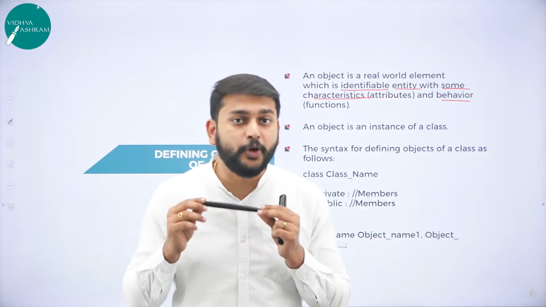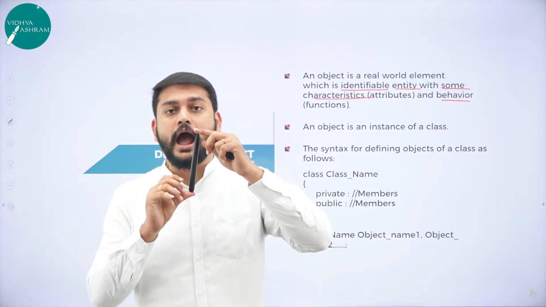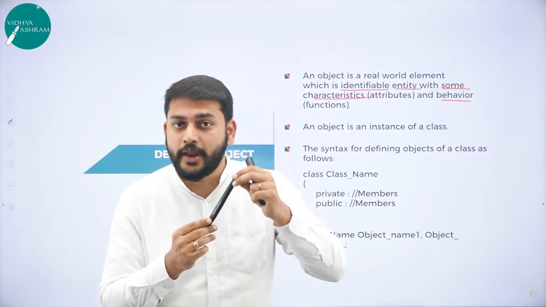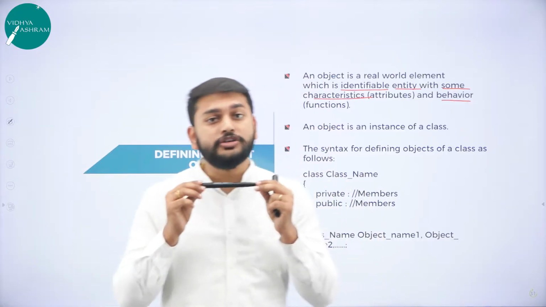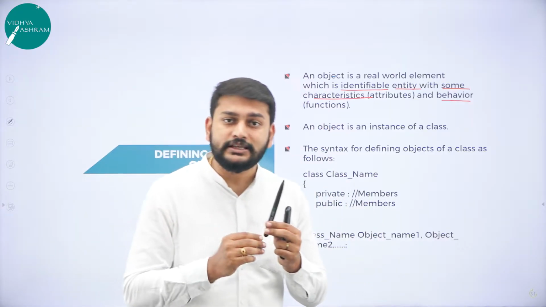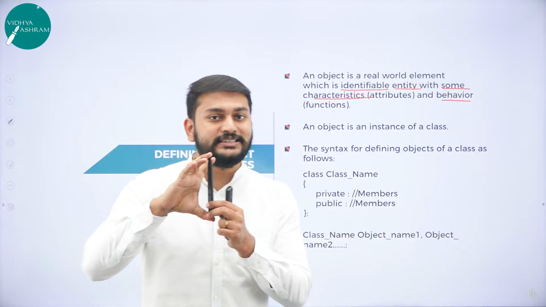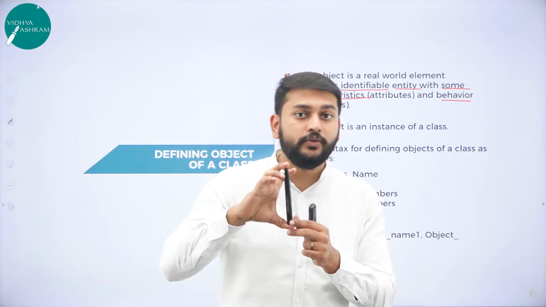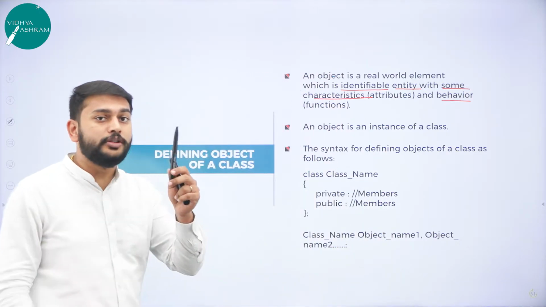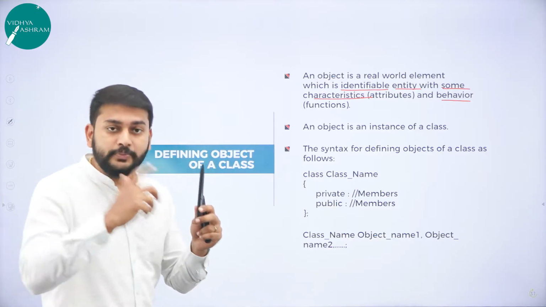Sir, what is the meaning of property? Property in the sense, height of this pen, color of this pen, type of this pen, cost of this pen, all these things I will call properties. The properties will define this element or this entity. Yes, I have got the properties for this. Then what is the behavior?